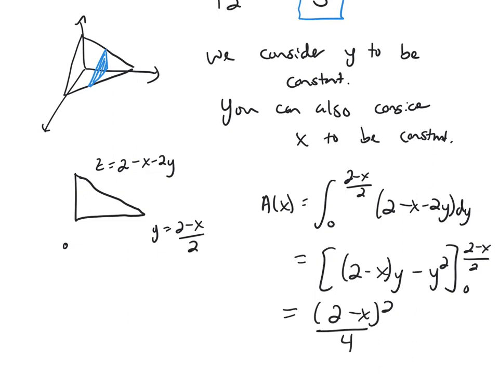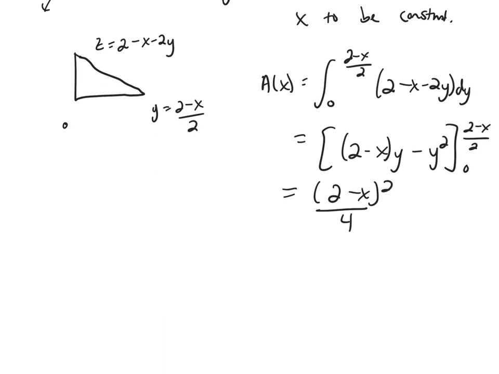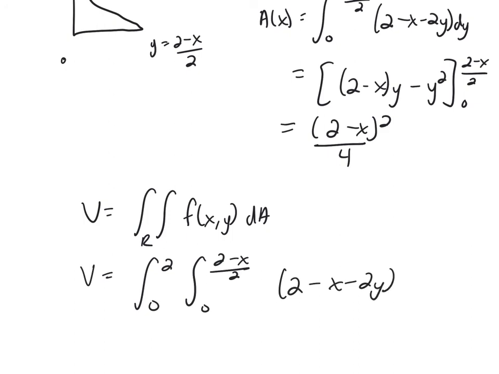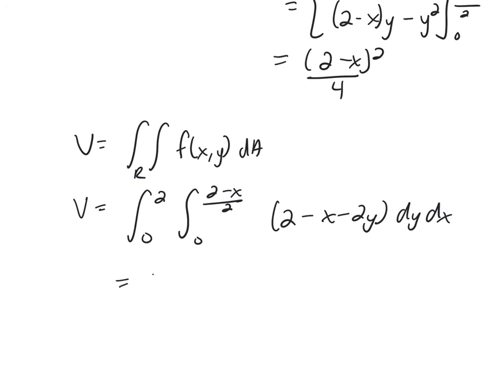And if you plug this in, you'll see you get the same formula you did before for A of x. And so what this means is I can think about volume here as being this double integral over my region R. And so I can think about volume here as being the integral from 0 to 2, 0 to 2 minus x over 2, 2 minus x minus 2y dy dx, which we computed earlier to be 2/3.